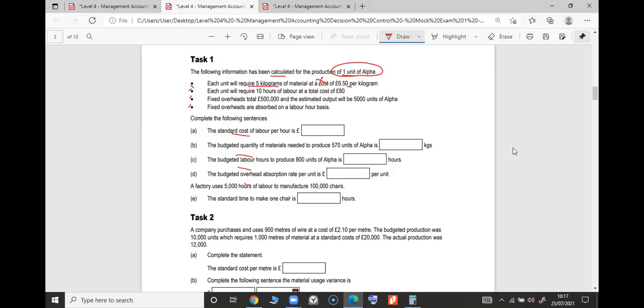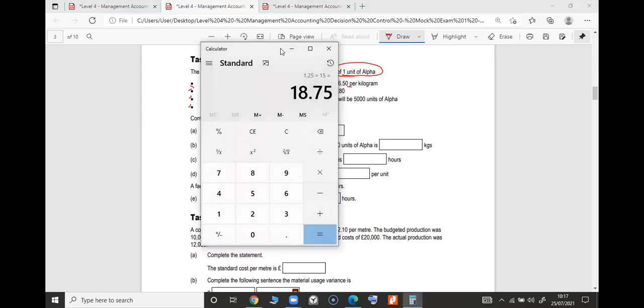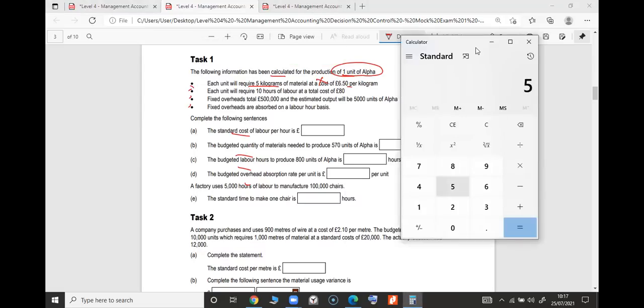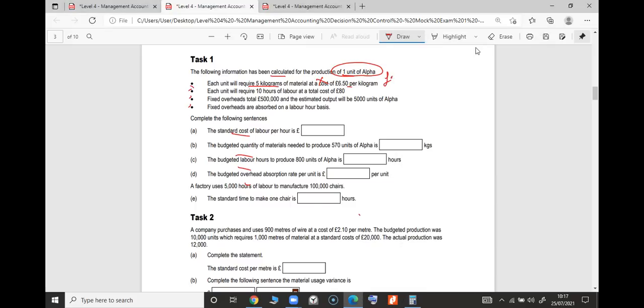I don't know whether I need it or not, but it's good to do a little bit of handy calculations. 32.5. So 5 kilogram are needed to produce 1 unit of alpha, with material at a cost of 6.5 per kilo. So 32.5 is the material cost per unit, number one.